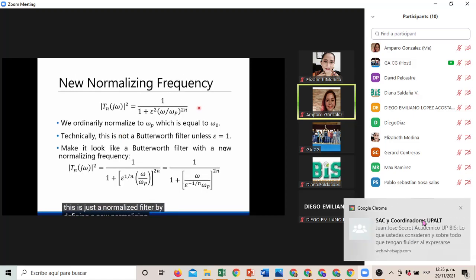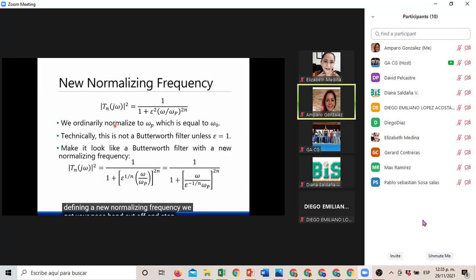By defining a new normalizing frequency, we get your pass band cutoff and stop band cutoff. So let omega be equal to omega over omega p. We get some cutoff frequency omega p. And technically, it's not a Butterworth filter since you have a factor epsilon right here.